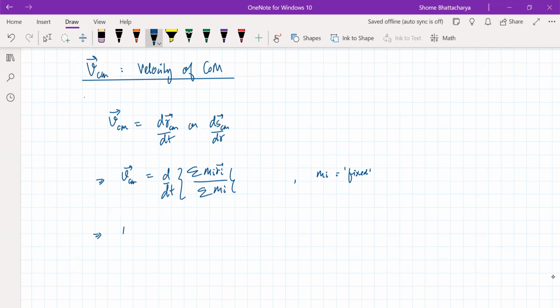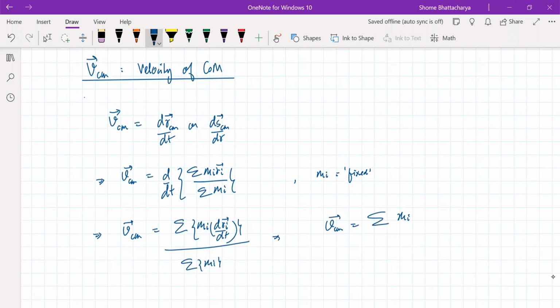So this becomes summation of m into rate of change of position, or you can also write that as rate of displacement, in the numerator, divided by summation of m in the denominator. So velocity of center of mass also becomes a weighted mean of the individual velocities.